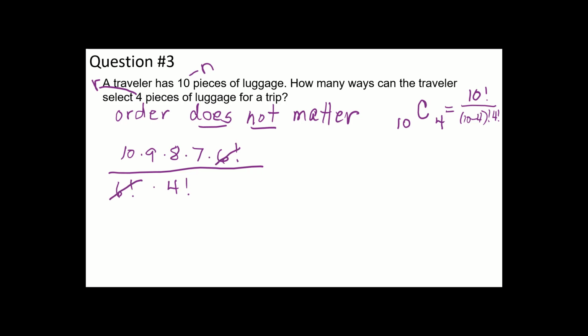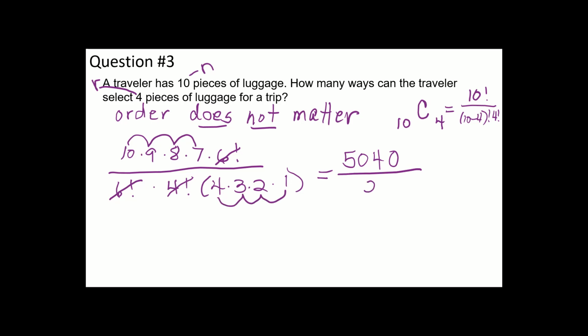I wrote it this way so I can cancel the 6 factorial. And then I'll expand the 4 factorial so you can see that as 4 times 3 times 2 times 1. Multiply 10 times 9 times 8 times 7, and we get 5,040, divided by 4 times 3 is 12, times 2 is 24, times 1 is 24. And then finally, 5,040 divided by 24 is 210. So 210 is our answer.